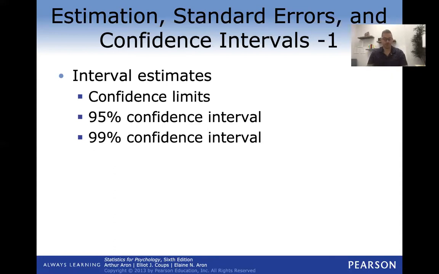So for example, I'm interested to know the average amount of dollars that a college student has in their possession. So how much money you have in your wallet, your purse, your car, not in the bank.